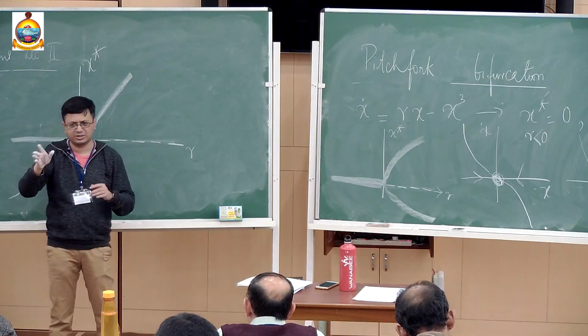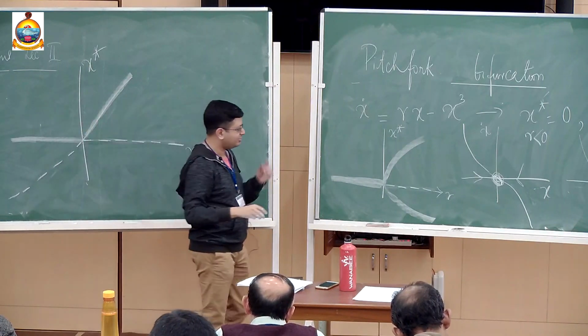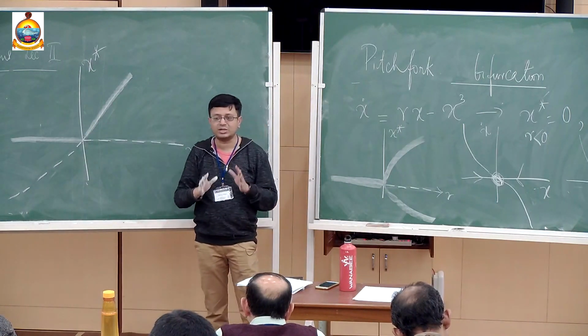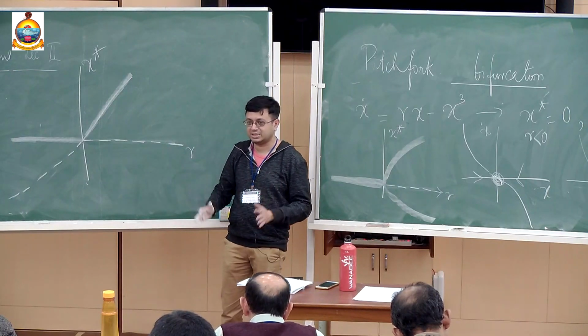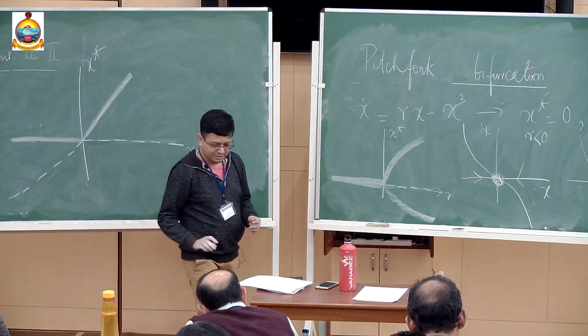I will show this in the tutorial with an example. There are theorems that I will not prove, which show that these are the only three basic forms, the normal forms of bifurcation, that can happen in 1D.